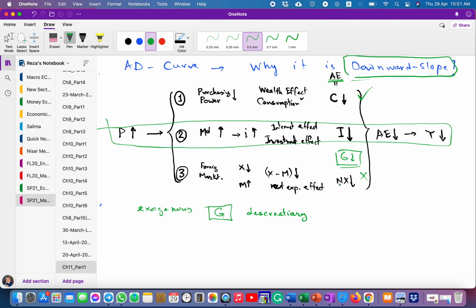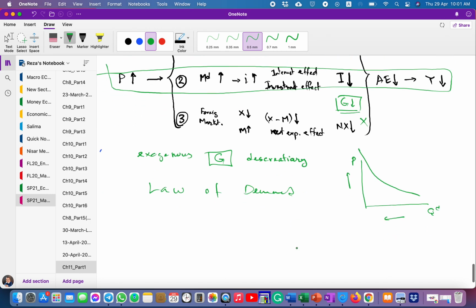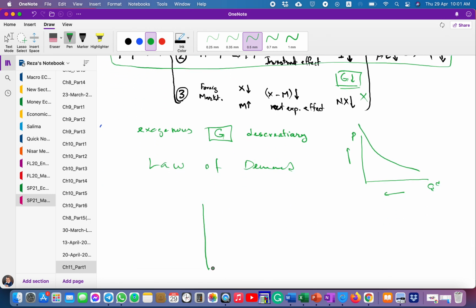The reason for being downward sloping is not because of the law of supply and law of demand. Remember that in microeconomics we say price and quantity demanded. If the price goes up, the quantity demanded drops, and we call it the law of demand. But in aggregate supply, aggregate demand, the aggregate demand is not the quantity of a specific commodity.